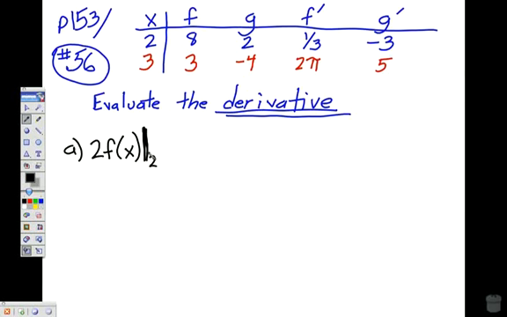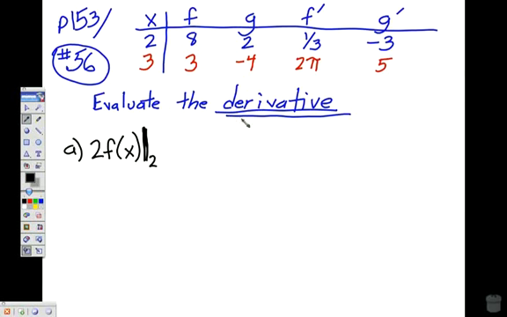It's just a shorthand way of writing it. Okay, so 2 f of x when x equals 2. Okay, but that does not mean we're supposed to find f of x when x equals 2 and then multiply it by 2. That would be 8 for f of 2 times 2, that would be 16.